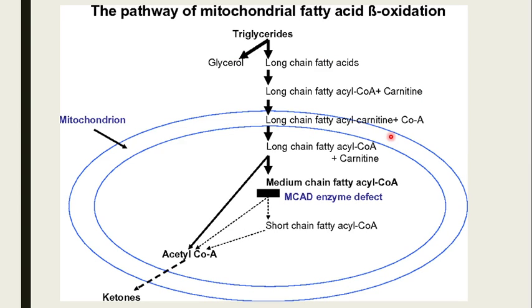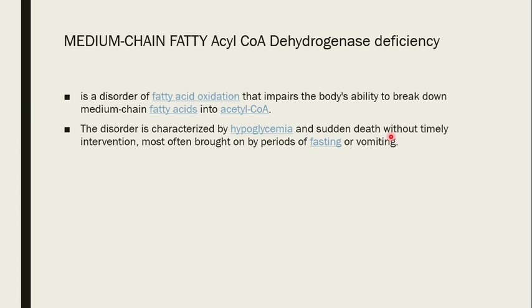So that would just be it for your lipid metabolic disorder. It's all about ketoacidosis due to your lipid metabolism. You are using the fatty acid instead of your glucose via beta oxidation. But we also have the medium chain fatty acid dehydrogenase deficiency, in which you can't break down these lipids, therefore you won't have any fuel source in the body. So it could lead to death in these conditions.